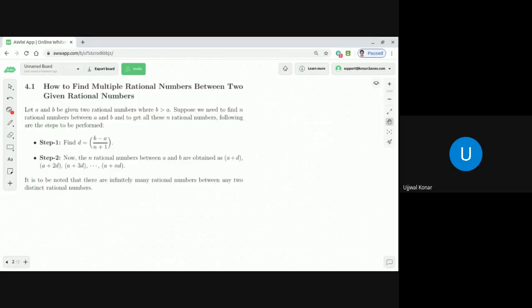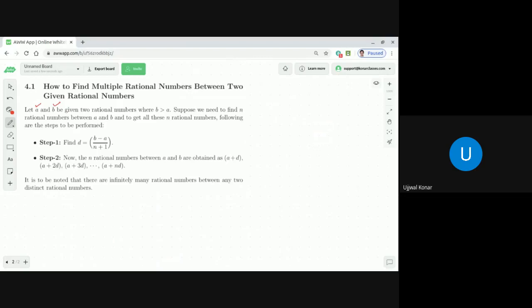Let A and B be two rational numbers where B is greater than A, without loss of generality. Suppose we need to find n rational numbers between A and B, and to get all these n rational numbers, we need to follow the steps as mentioned.